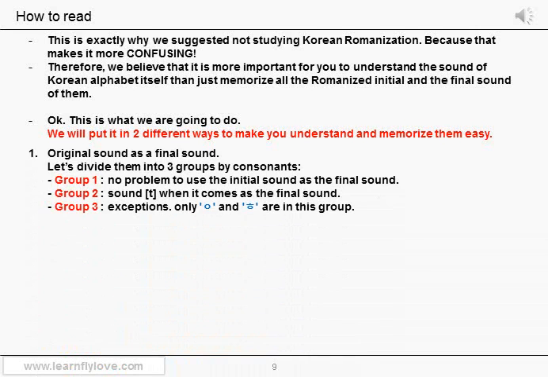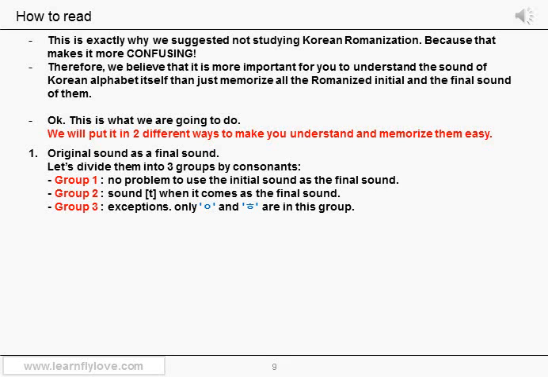The first way, let's divide the consonants into three groups. Group 1, the consonants which have no problem using the initial sound as the final sound. Group 2, the consonants which sound like romanization T or English alphabet T when it comes as the final sound. Group 3, exceptions.